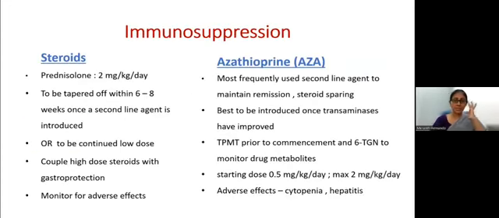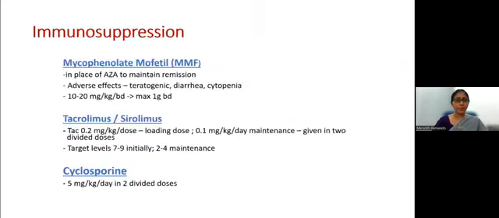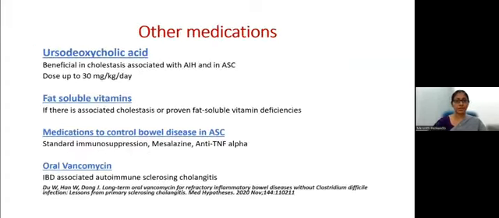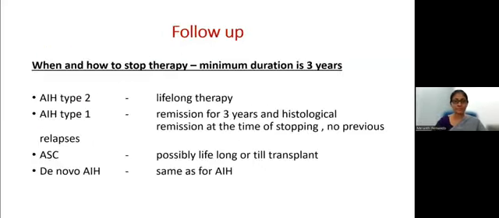So these are the immunosuppressive medications, which could be steroids or azathioprine as the mainstay of treatment. And you have other medications as well, like MMF, tacrolimus, and cyclosporine in difficult cases. Other medications would include supportive care, and oral vancomycin has shown some benefit in IBD-associated autoimmune sclerosing cholangitis.